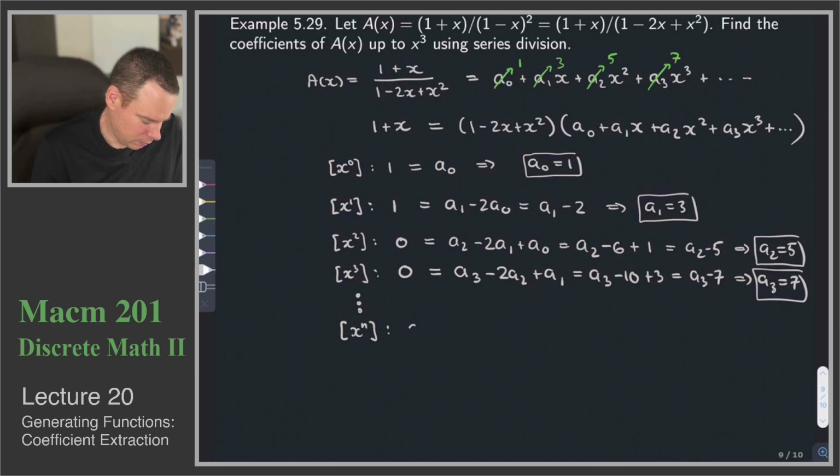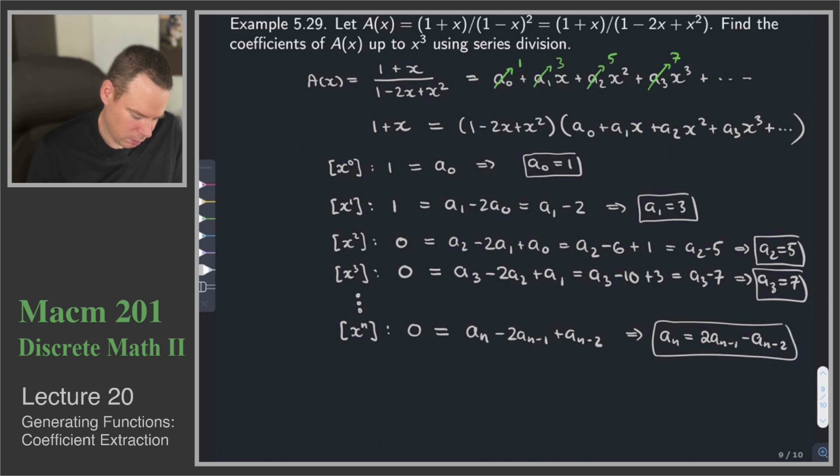And so what is the nth coefficient? Well, there's 0 on the left-hand side. On the right-hand side, it would be an minus 2an minus 1 plus an minus 2. Or in other words, an is equal to 2an minus 1 minus an minus 2.